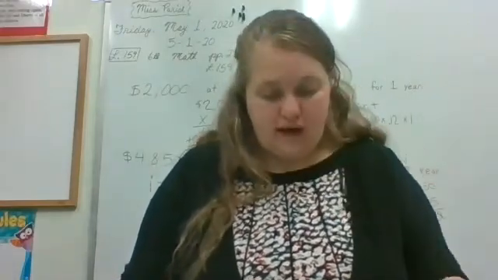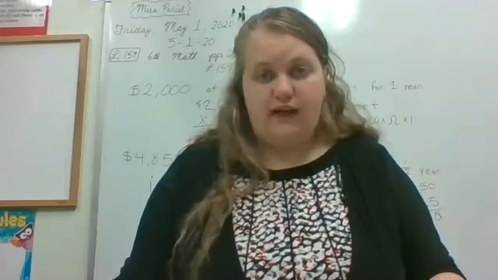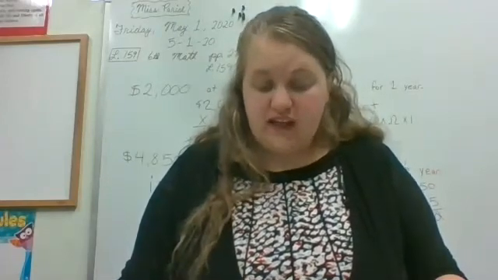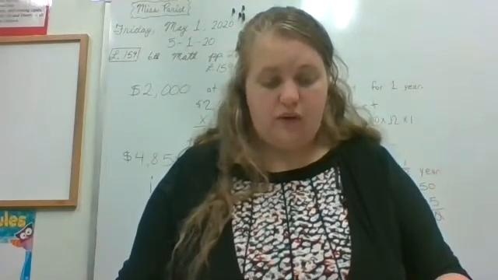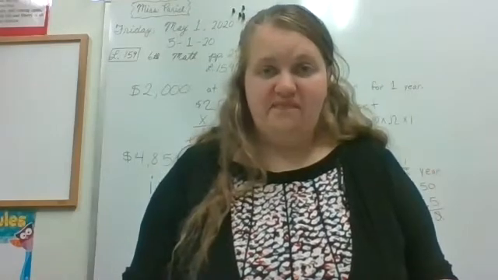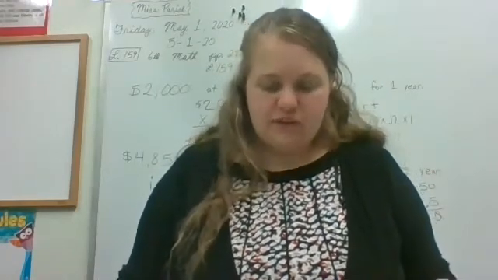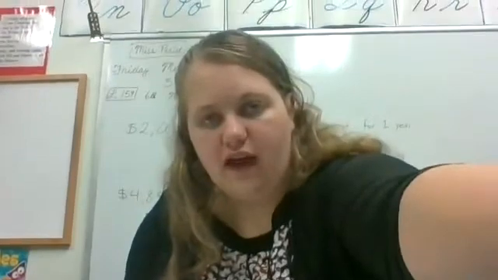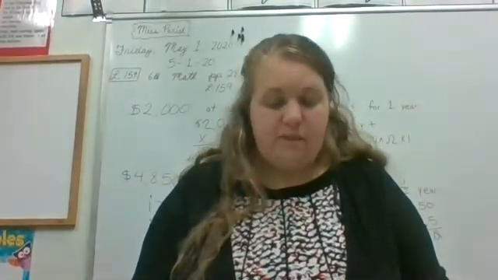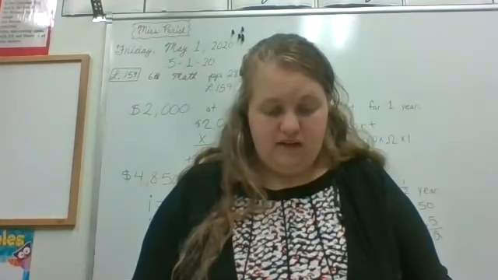All right, so then underline the rate of interest. So what's the rate of interest? Rate of interest is the percent of the principal that is charged on a loan or paid to a depositor. So what is the percentage there? 5.75%, okay? So you can underline that. And then it says to put a box around the interest paid.